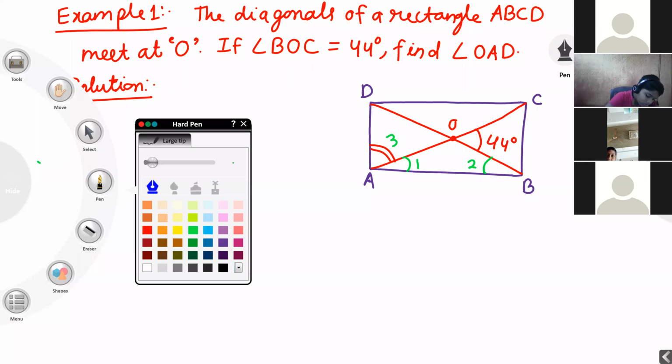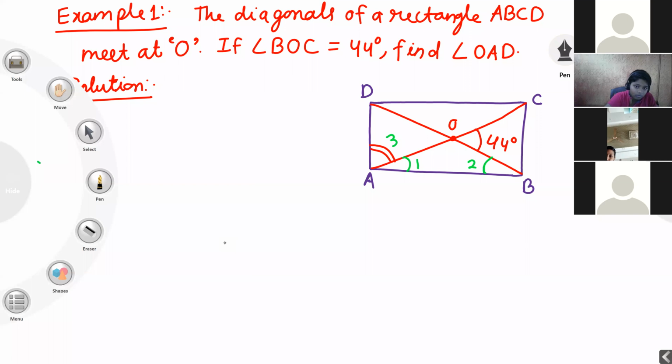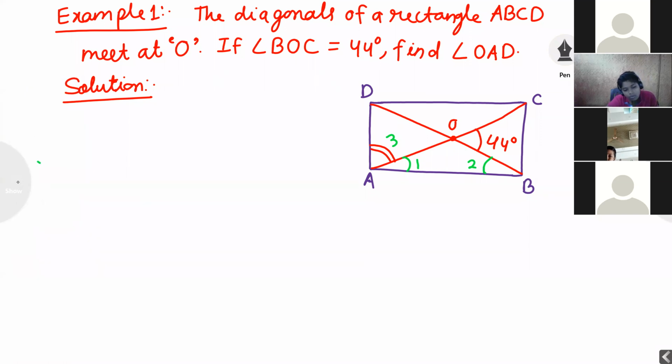First, concentrate here, student. We are observing angle BOC plus angle BOA. These two angles are forming a linear pair. Note down, angle BOC plus angle BOA is equal to 180 degrees. Why?